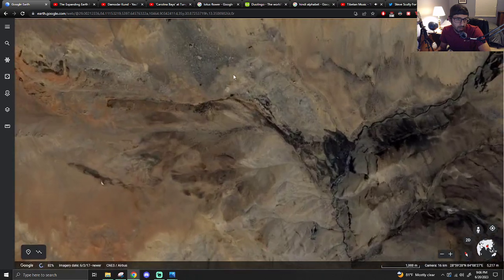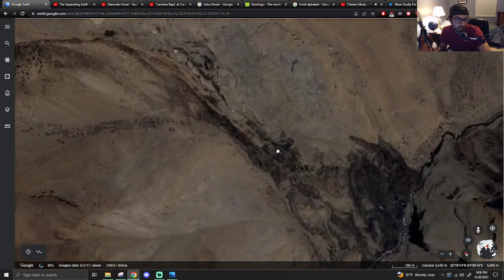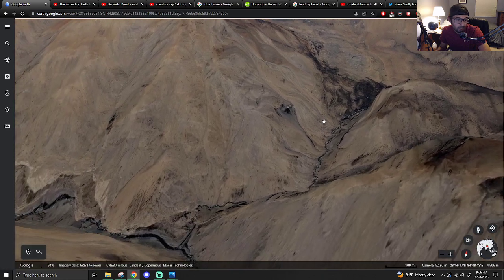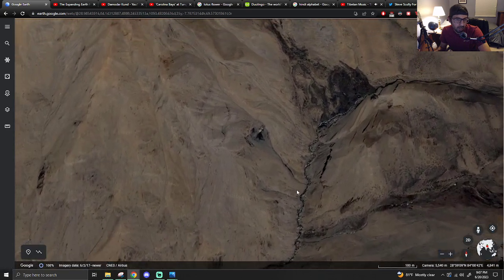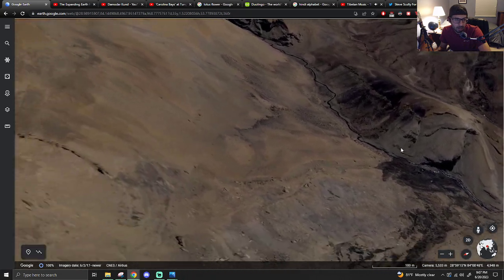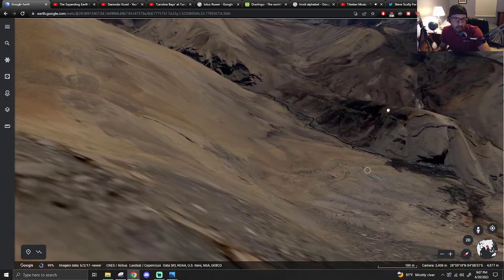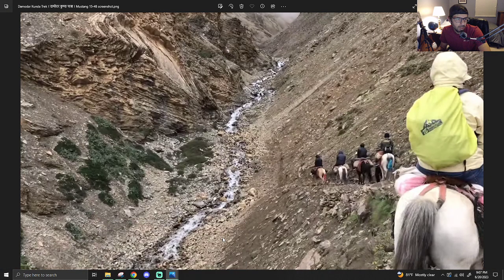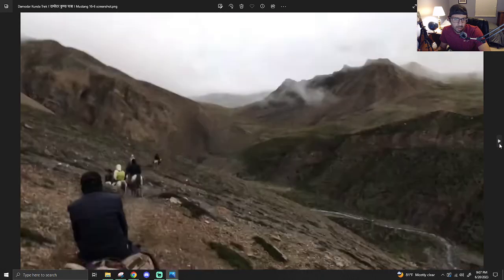Or no, by this. They're by this. Oh shit, are they? They walk in here? I don't know, can they be that close? No, they're walking uphill. That's wishful thinking.